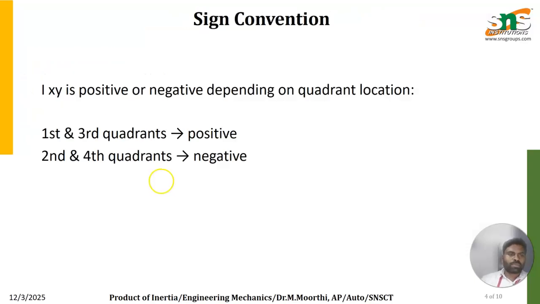The product of inertia is positive or negative based on the quadrant and its location. The product of inertia is positive when it is lying in the first and third quadrants.